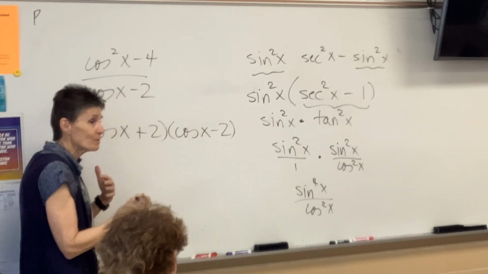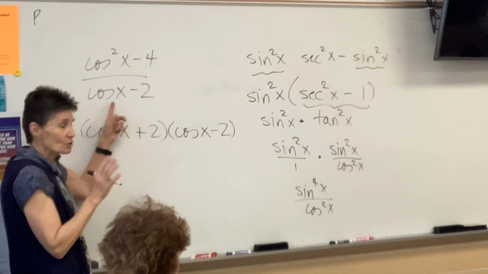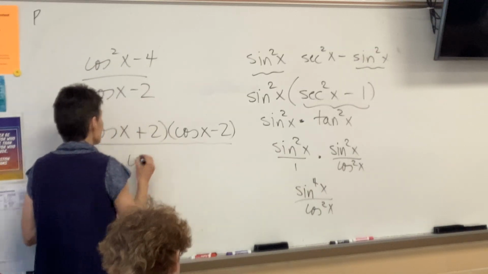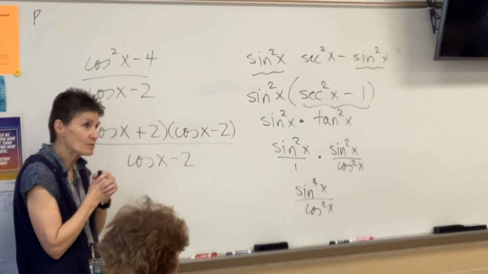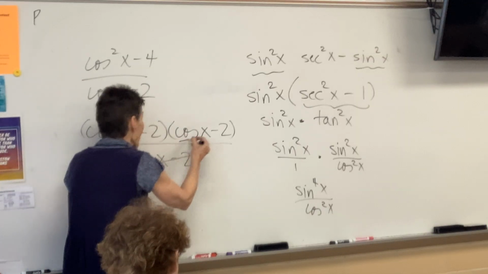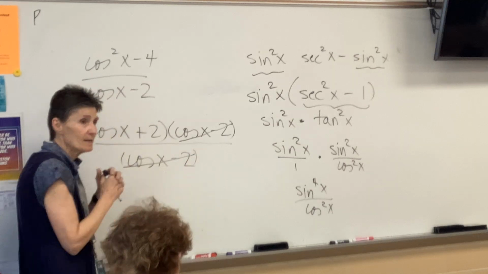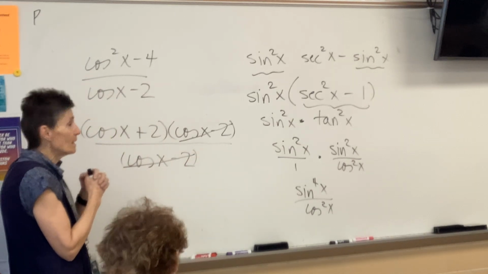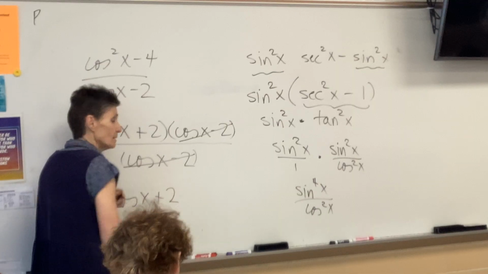You cannot do that with the denominator because it's not squared. So the denominator is just going to stay the same. But what is the glorious good news here? You can cancel. These whole things, not pieces of them, the entire thing is canceling. And so the answer is just cosine plus 2.